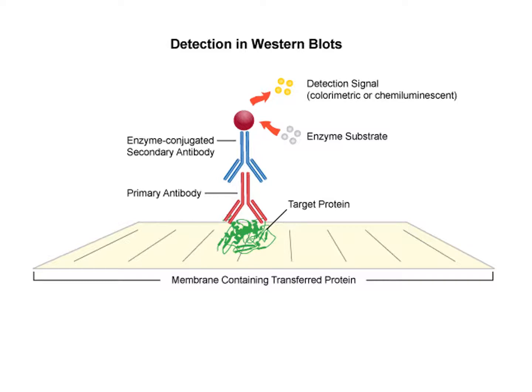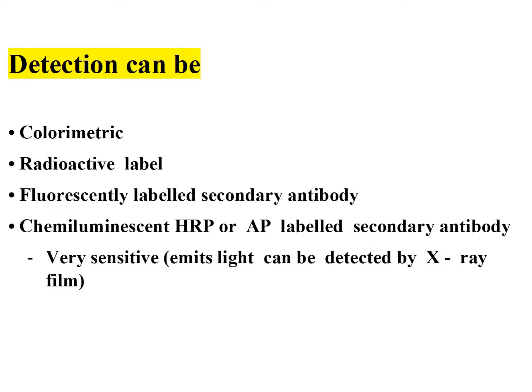you can do many lanes and detect what proteins are there that way. Detection of the protein can be colorimetric, could be radioactive. We could have a fluorescently labeled second antibody, and it could be chemiluminescent, that the reaction actually causes luciferase to be released, and that is detected by X-ray film.